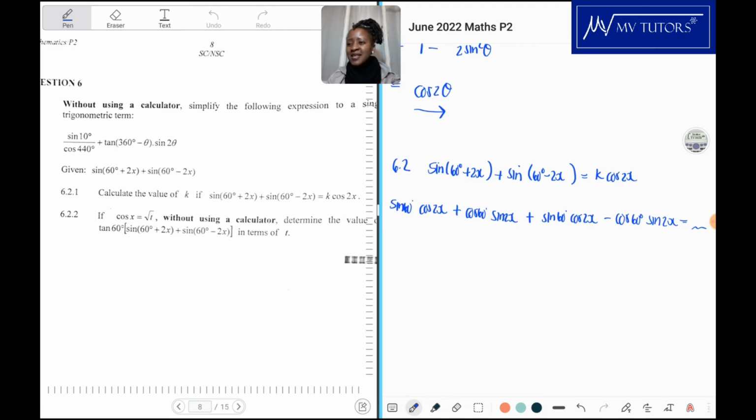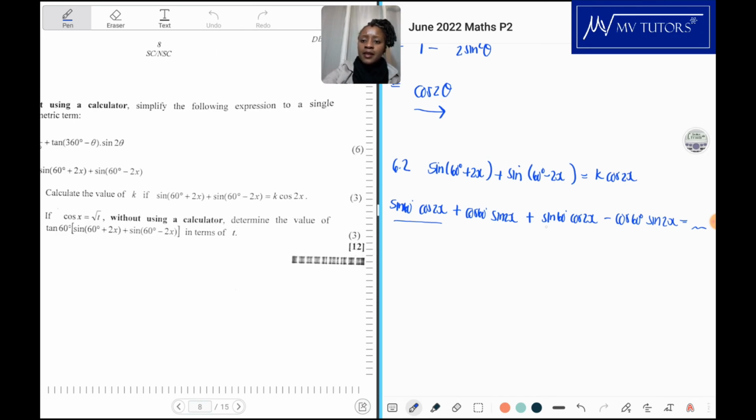Sine 60, they didn't say anything about not using a calculator, but it's a special angle, so sine 60 is basically root 3 over 2. And then cos 2x, well, it is what it is. Actually, before I even put down the values, let me just see what's happening. So I have sine 60 plus cos times cos 2x.